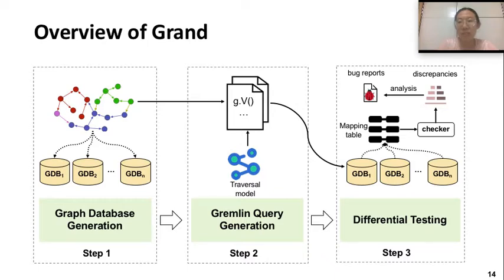First, GRound generates a random graph database and writes it into target GDBs. Then, GRound constructs a traversal model for Gremlin APIs, and then generates Gremlin queries based on the constructed traversal model and the generated graph database. Finally, GRound executes the generated queries in target GDBs and validates the query results by differential testing. I will explain these steps one by one.